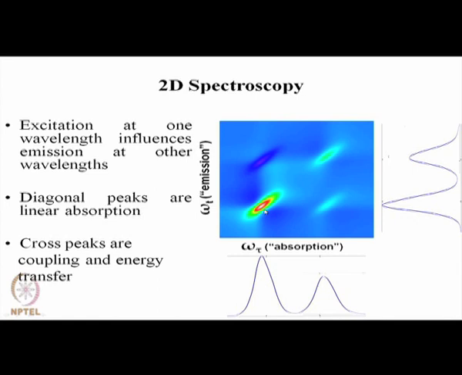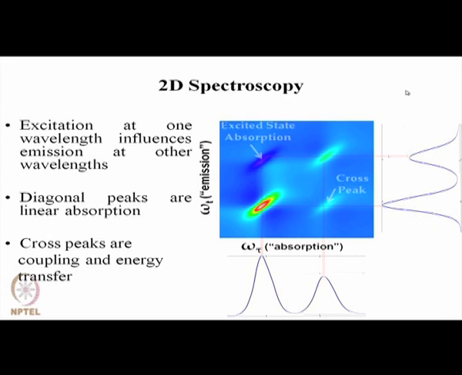So you can follow this coupling and energy transfer, and of course as a function of time we can follow. Therefore, if you do a 2D spectroscopy, you can follow both linear absorption as also coupling and other phenomena. So this is very important.